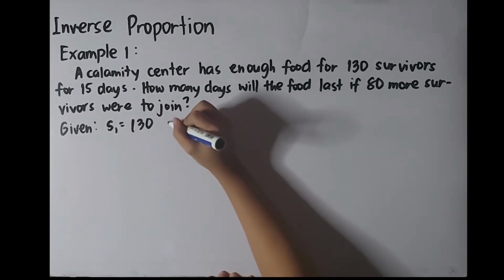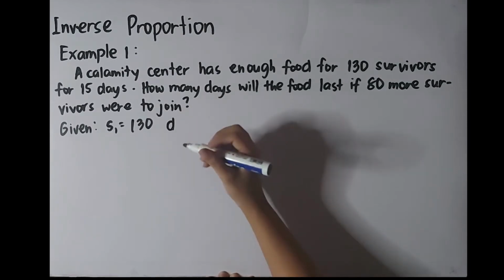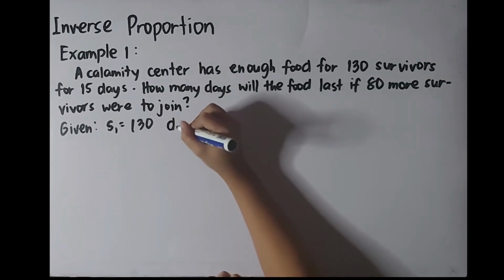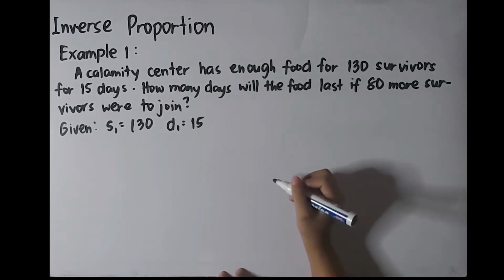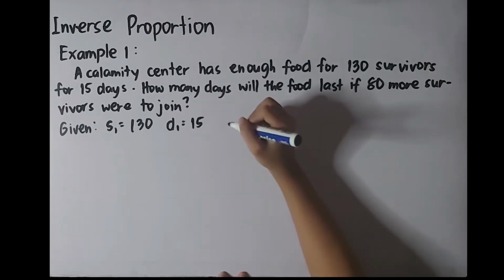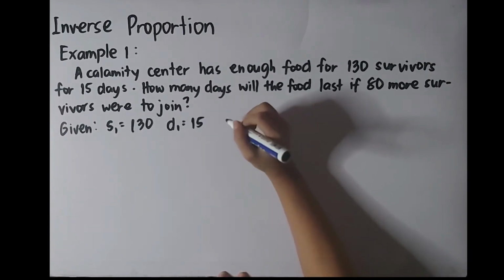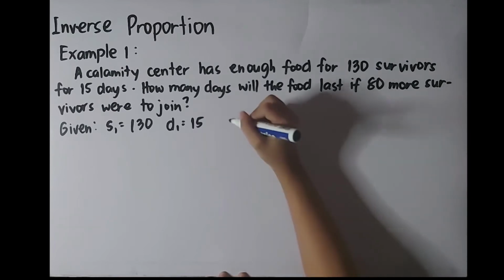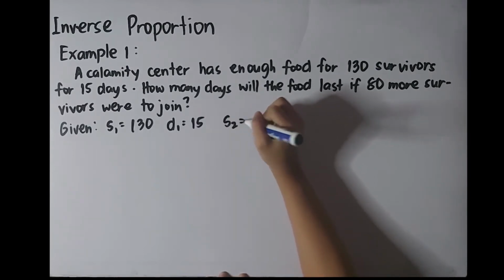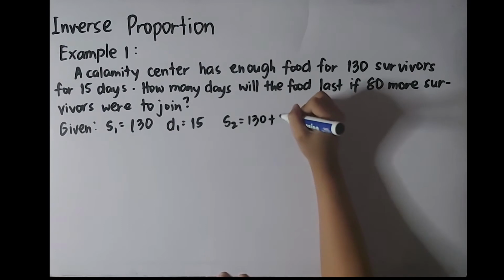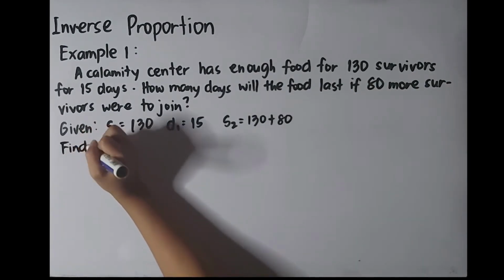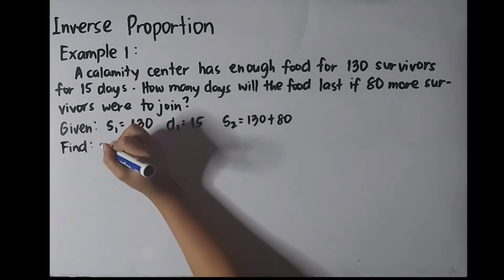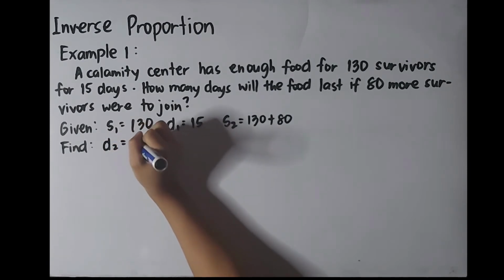Then the days that they will consume the food, that is D1, so that is 15 days. Since it's 80 more survivors, we have S2, which is 130 plus 80. Now we are looking for the number of days that the food will last, let's say that is D sub 2.